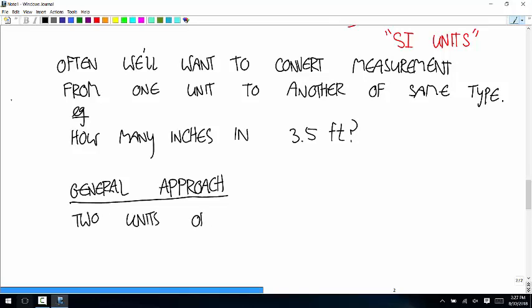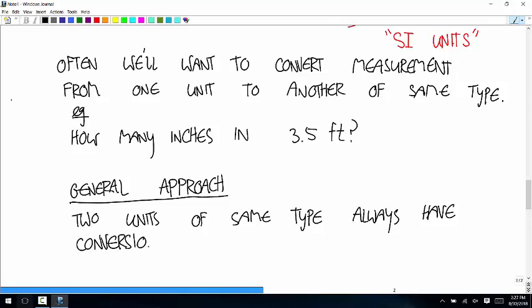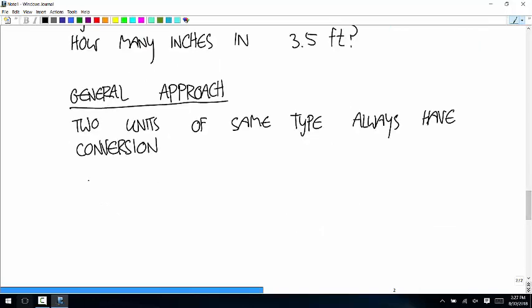So two units of the same type always have a conversion. So in the example I gave above, we know that 12 inches is equal to 1 foot.